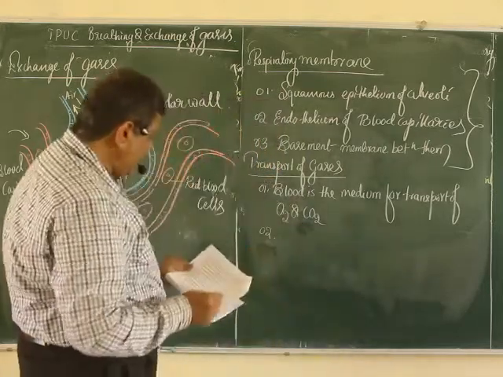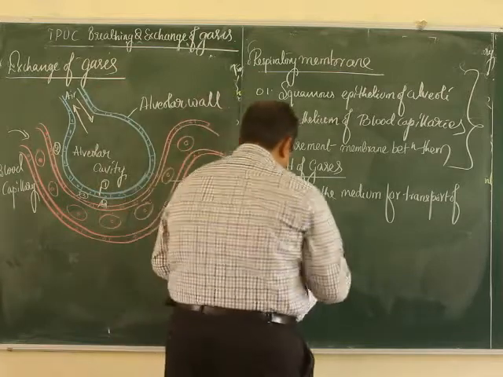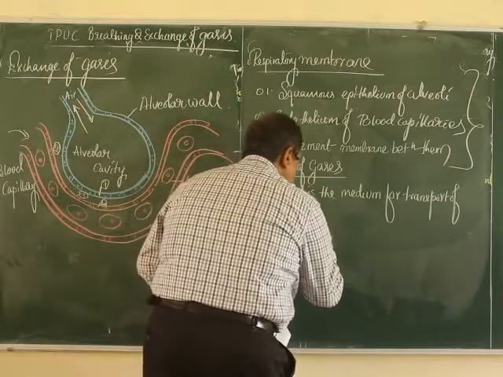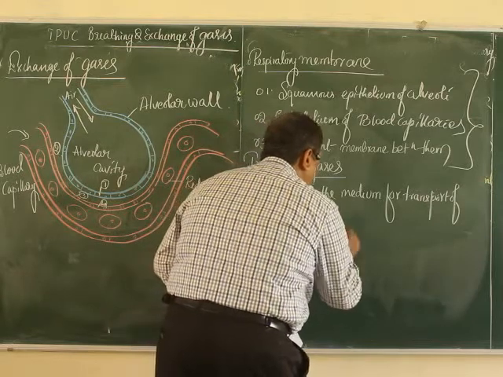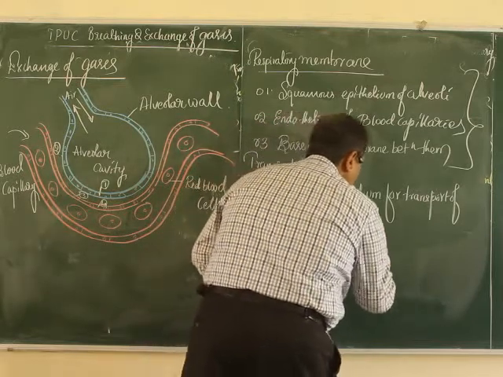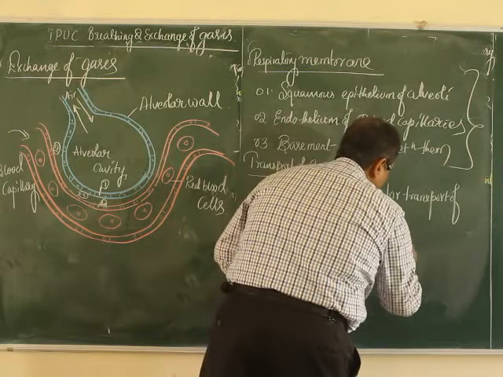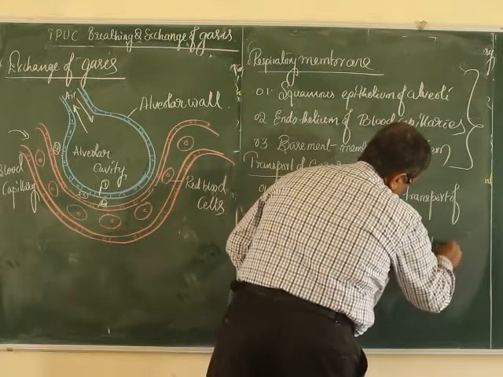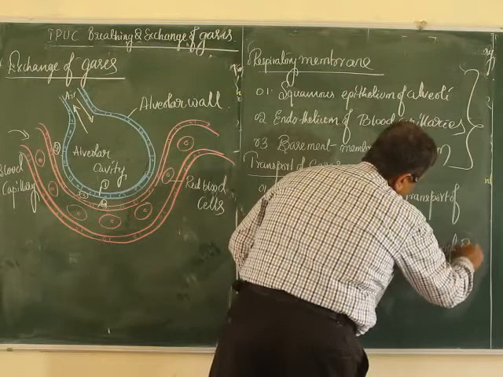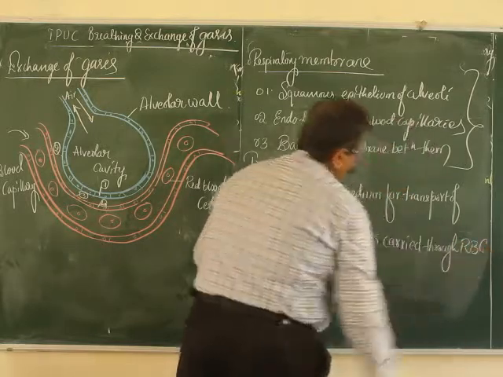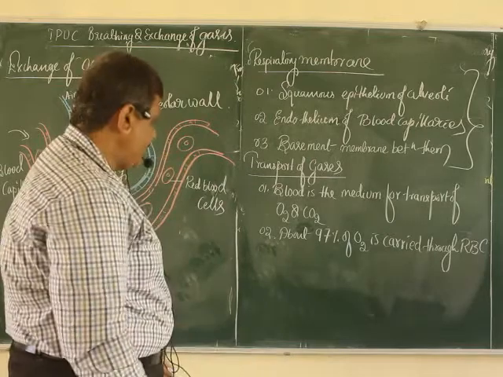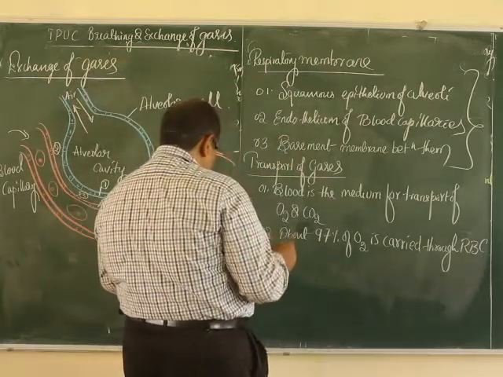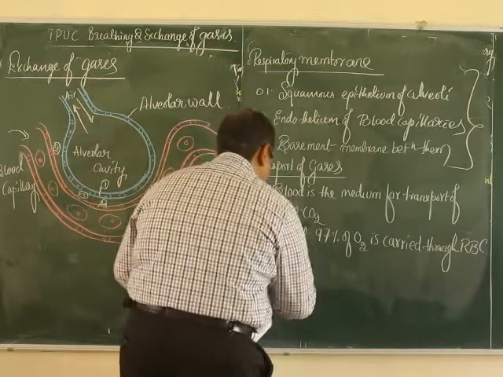Second important point, about 97% of oxygen is carried through RBC. 3% of oxygen is transported in blood plasma.